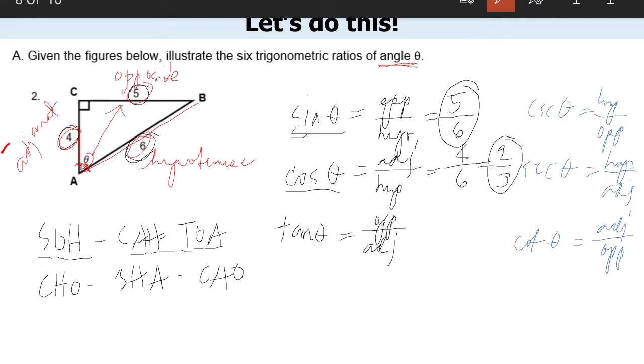If you can still simplify, better simplify the ratio. Next, for the tangent, opposite over adjacent. Opposite is 5 and adjacent is 4. So tangent theta is 5 over 4.